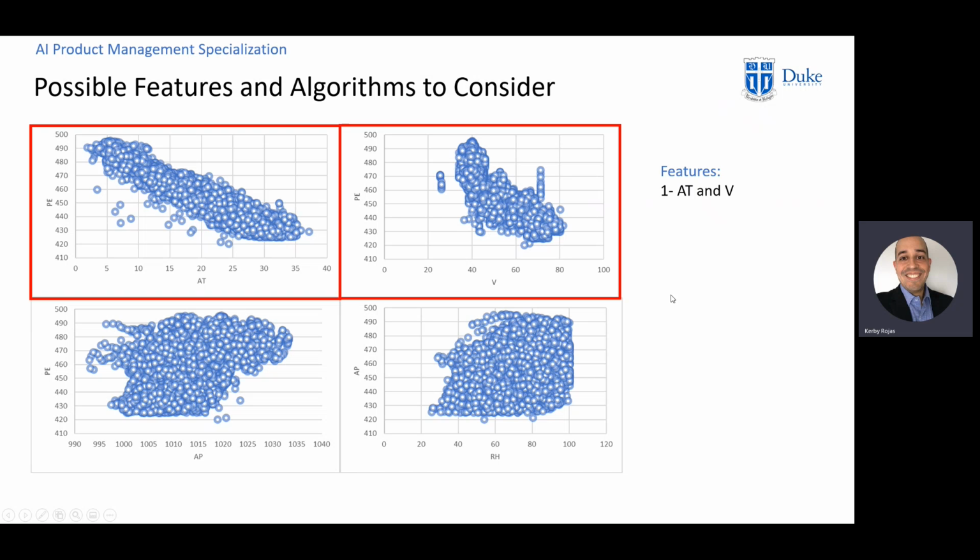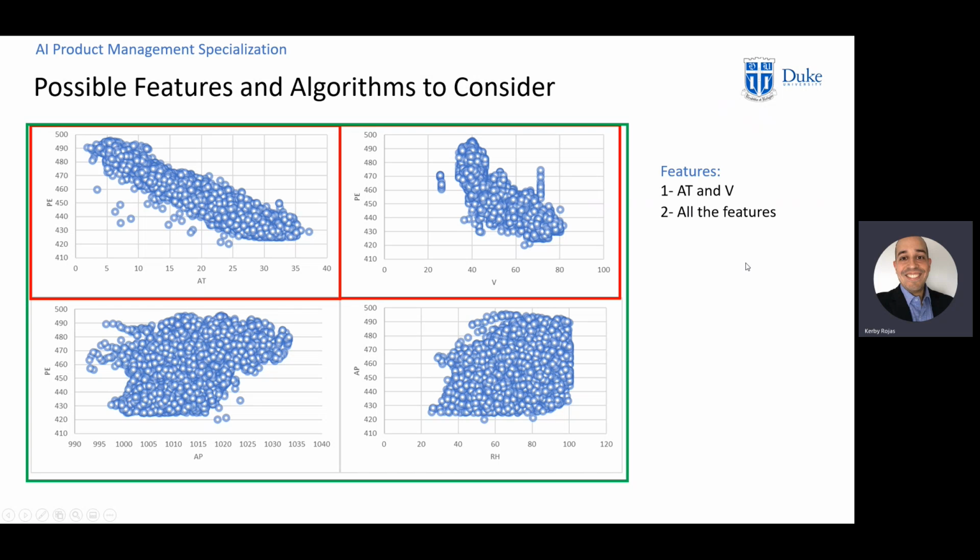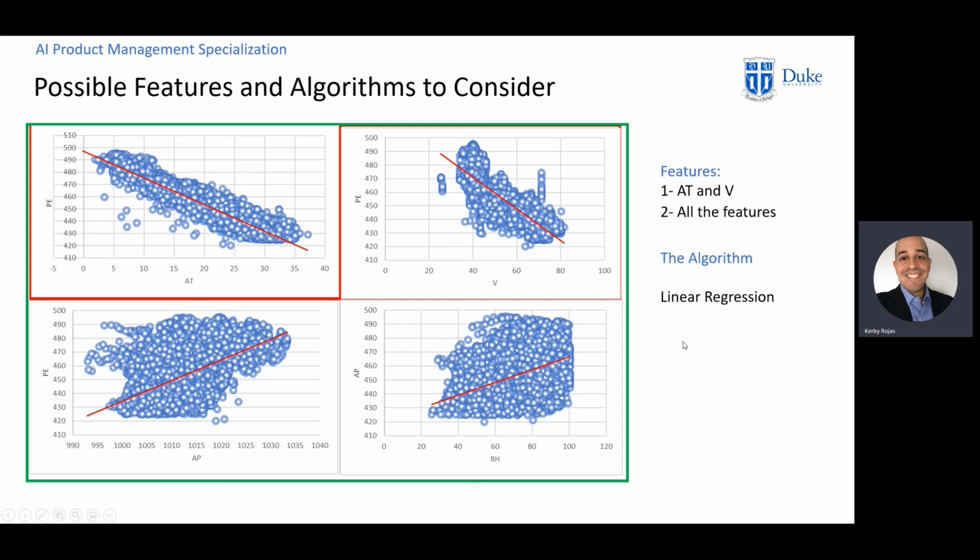So for that reason I decided to use first AT and V as the two inputs. And I decided also to use the whole lot to compare which model is better. So the algorithm that we're going to use is linear regression.